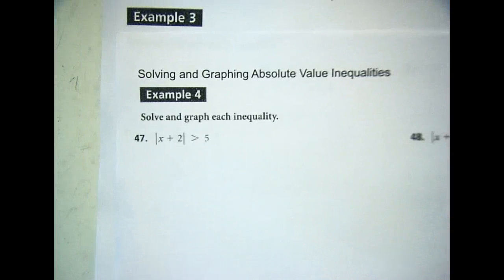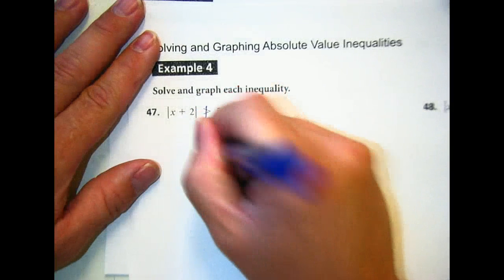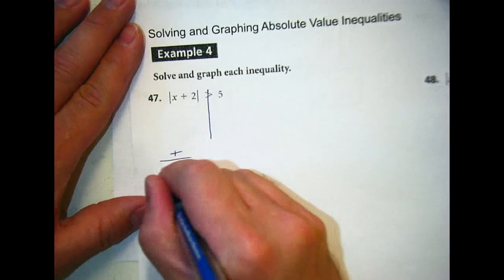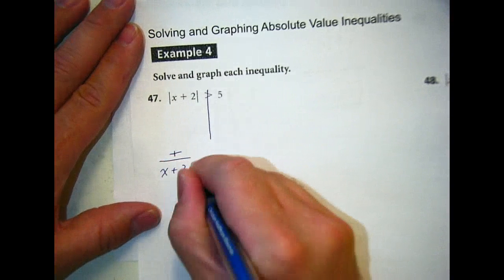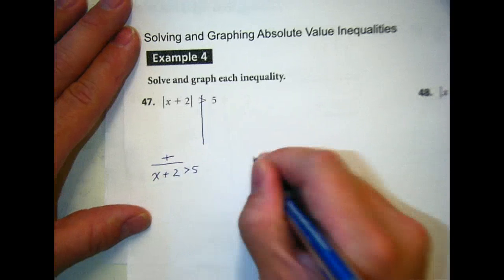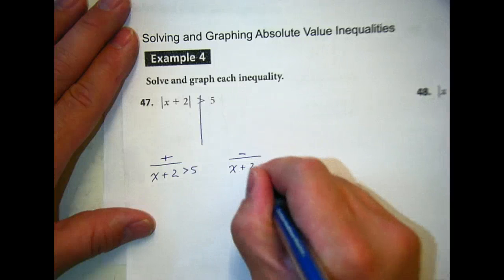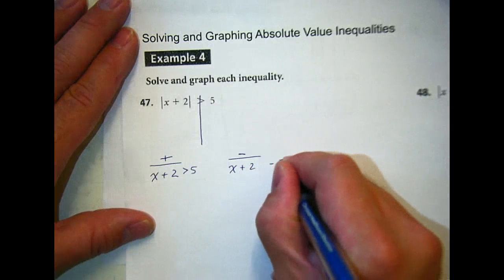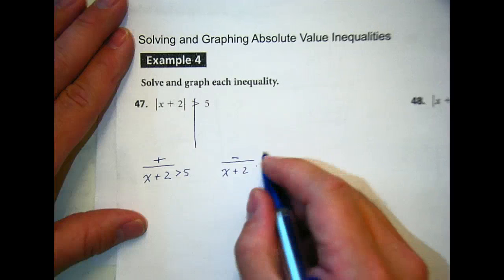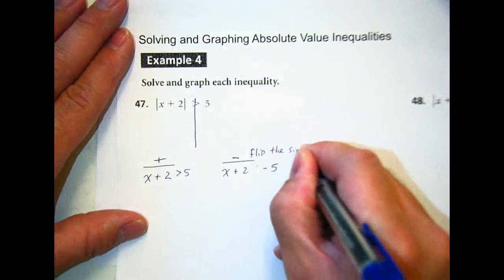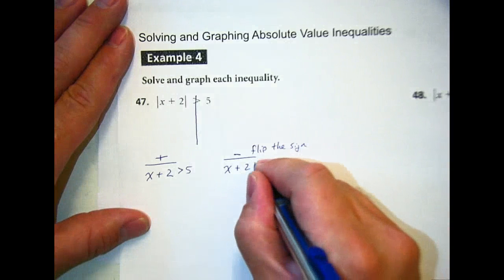All right, last piece. Solve and graph each inequality. We have to do a positive and negative case. Positive says x plus 2 is greater than 5. Negative case is x plus 2 and you have a negative 5. Now remember, when you do a negative case, make sure you flip the sign. So that flips over.